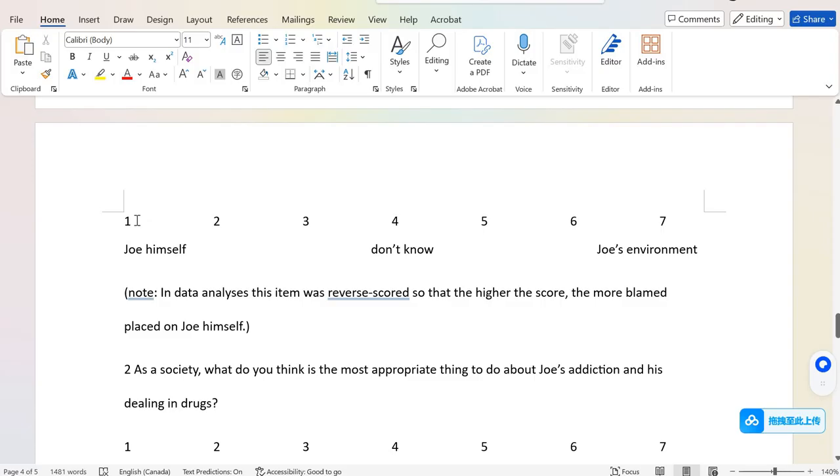In the data analysis, these were reversed. The higher the number, the more blame on Joe. If I choose 1 here on the questionnaire, in the data analysis, my score will be 7. That means I blame Joe himself.